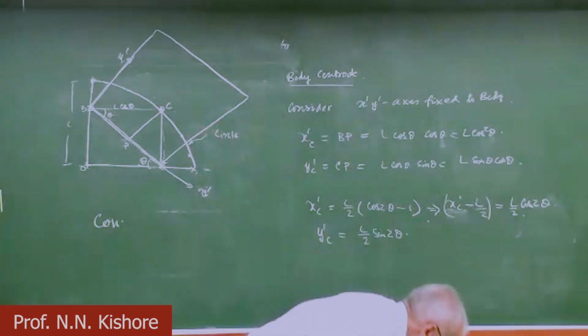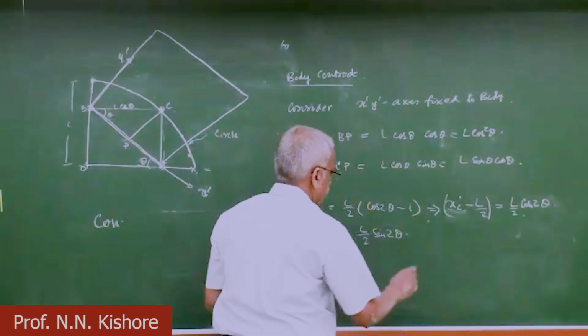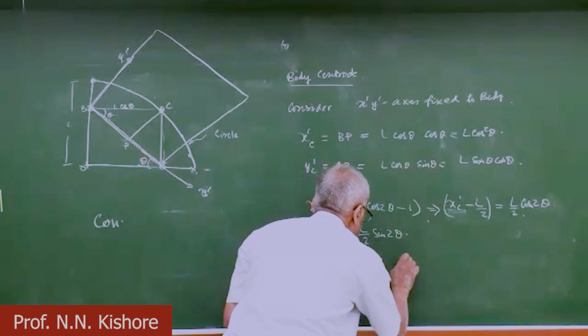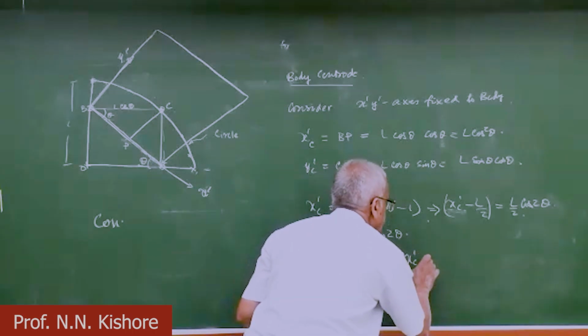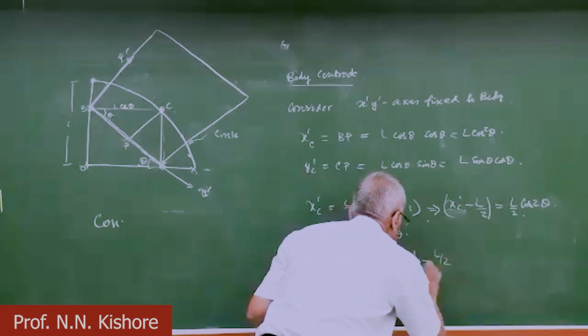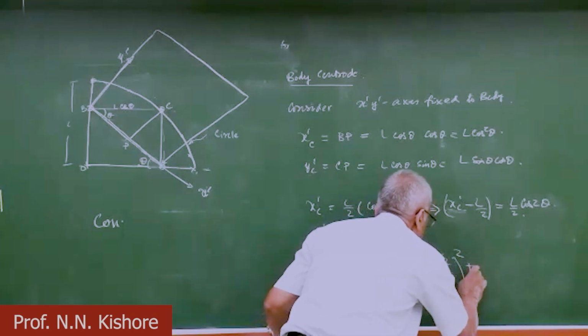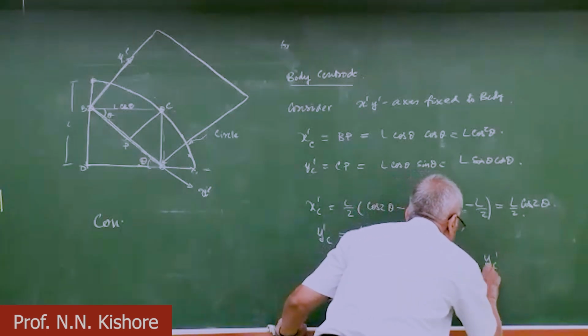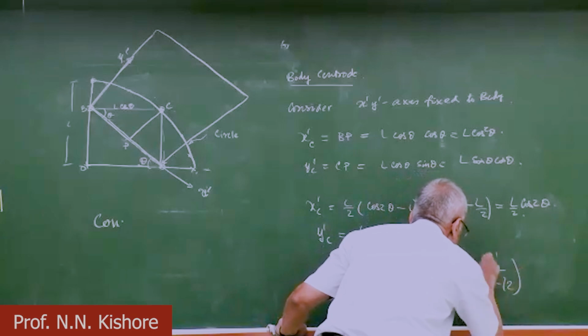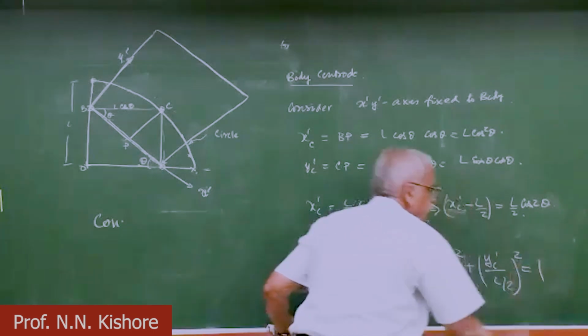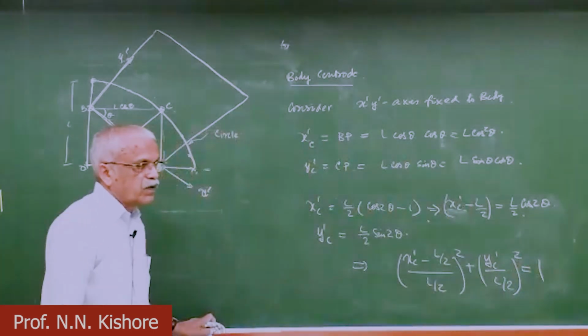So you can see here that this whole thing will boil down to xc prime minus L by 2 squared plus yc prime squared equals L by 2 squared.